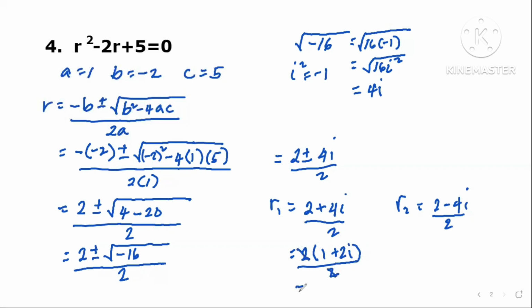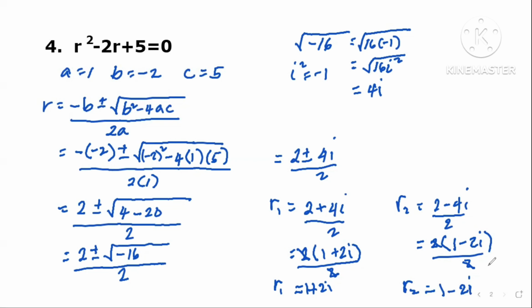Ang matitira na lang ay 1 plus 2i. Oops, 1 plus 2i. Oh, similarly, for r sub 2, ganun din, factor out 2. So, this is 1 minus 2i over 2. Cancel the 2. So, we are left with 1 minus 2i.